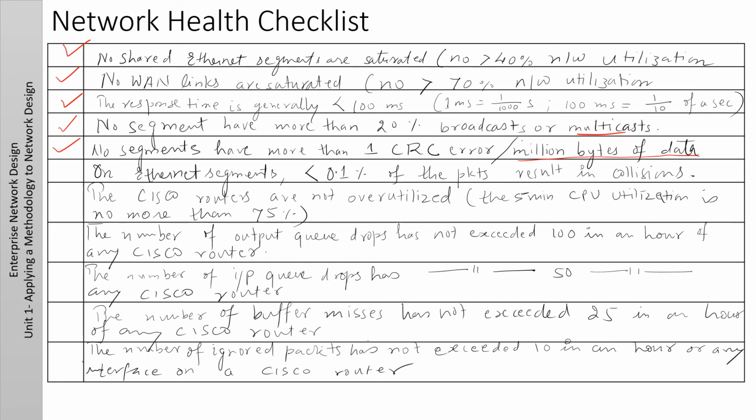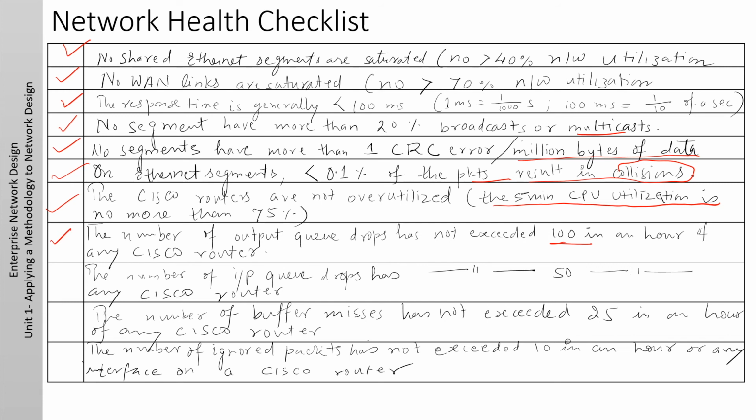Next, on an Ethernet segment, less than 0.1% of the packets result in collision. Next is the Cisco routers are not overutilized: the 5-minute CPU utilization is no more than 75%. Next checklist item is the number of output queue drops has not exceeded 100 in an hour on any Cisco router.